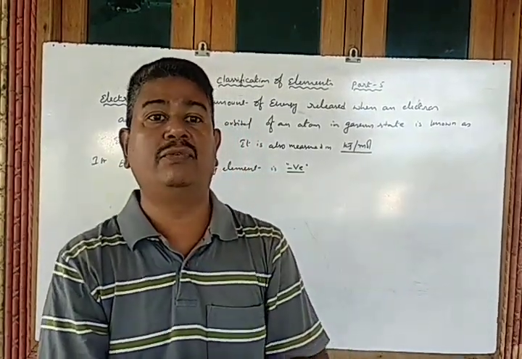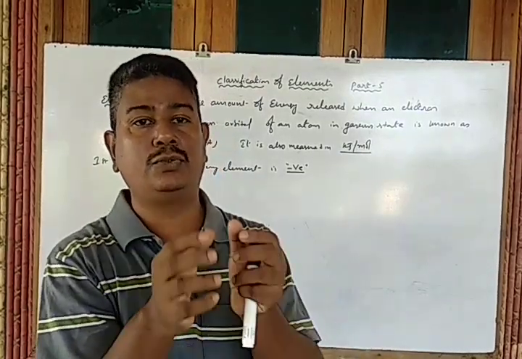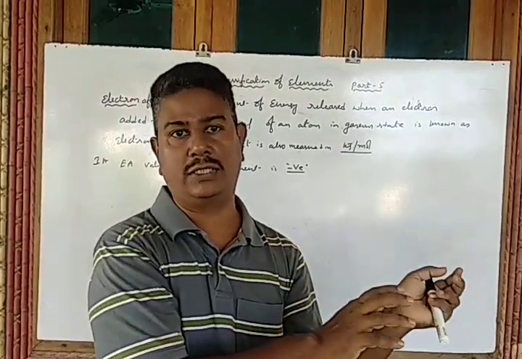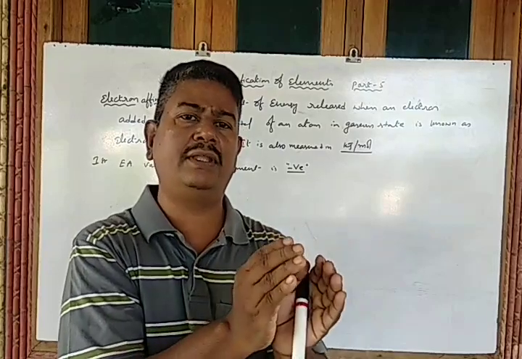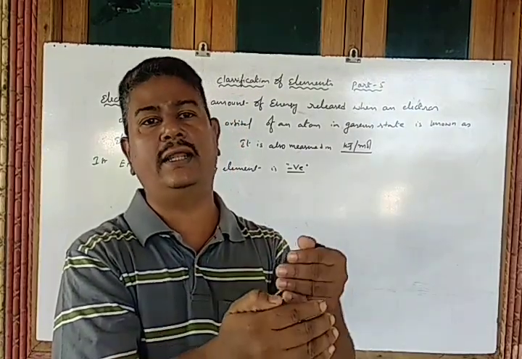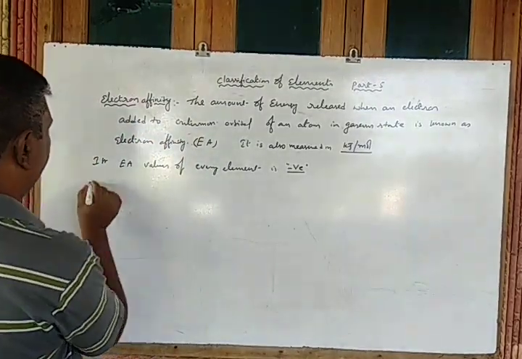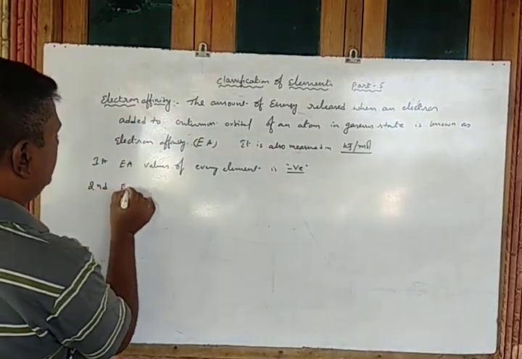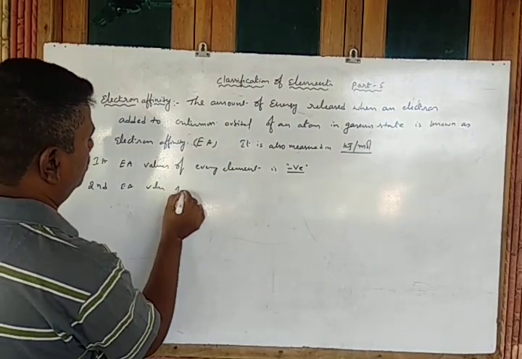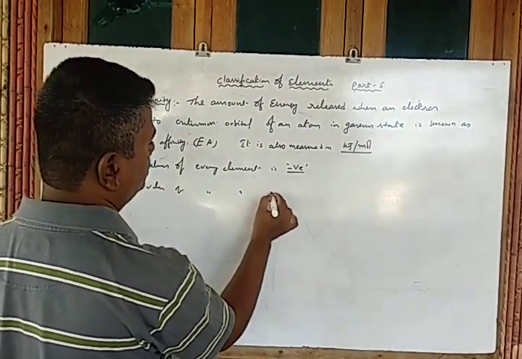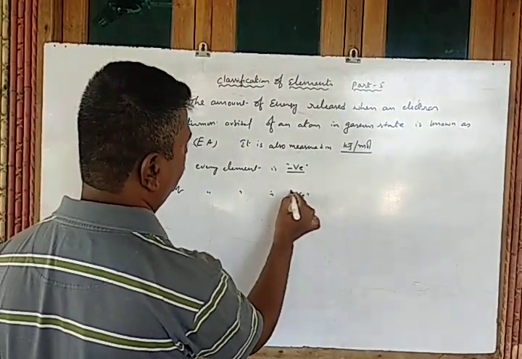So we supply more energy to bind it with the nucleus. That's why for every atom the second electron affinity value is positive.